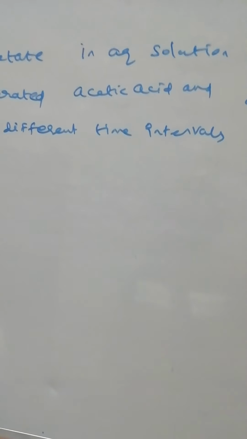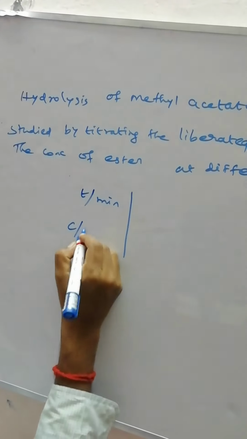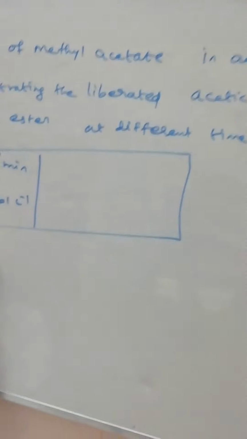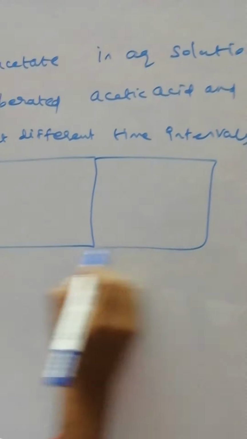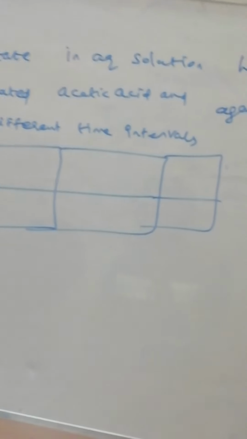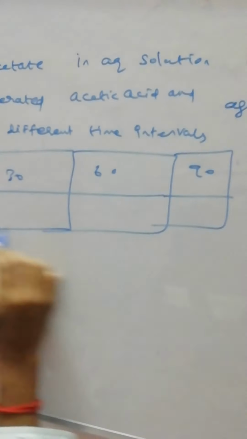Time in seconds inverse versus concentration in mole per liter inverse. At time zero, then 30, 60, 90.